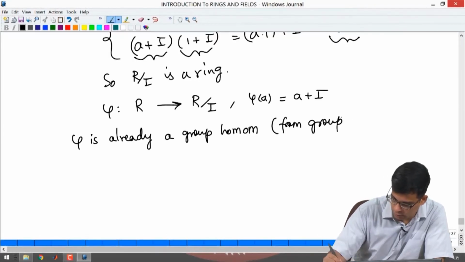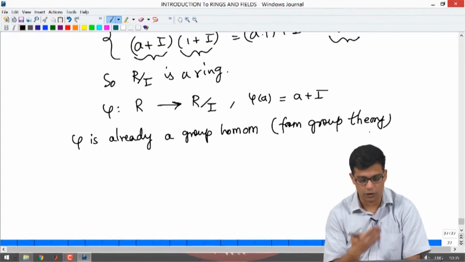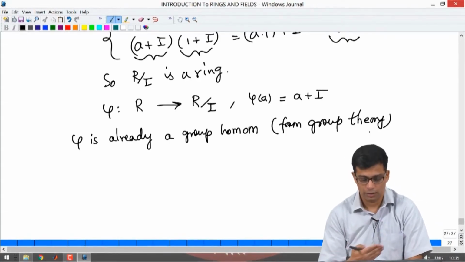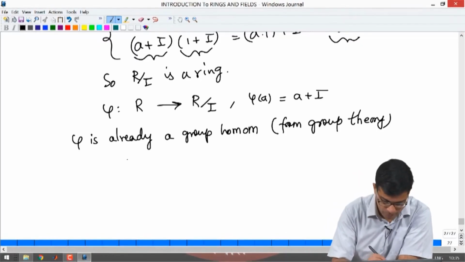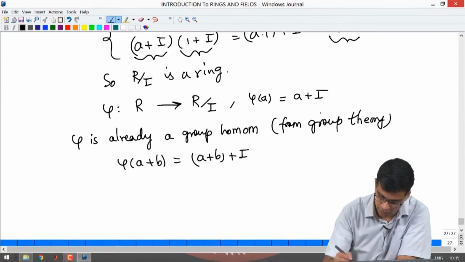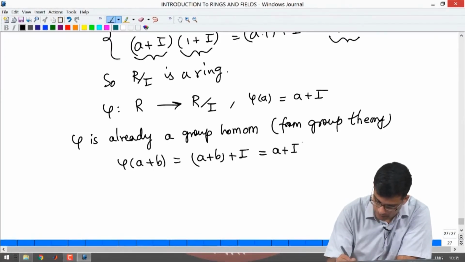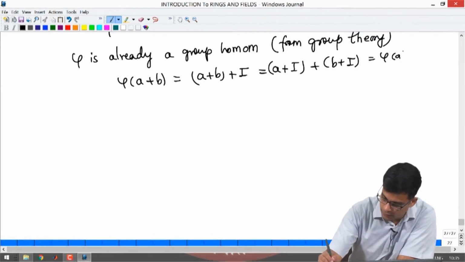Because R mod I is constructed as the left additive cosets of I. So, it is a group and this is a group homomorphism, which anyway you can check directly. Phi of a plus b is a plus b plus I by definition of phi, which is a plus I plus b plus I, which is phi a plus phi b.